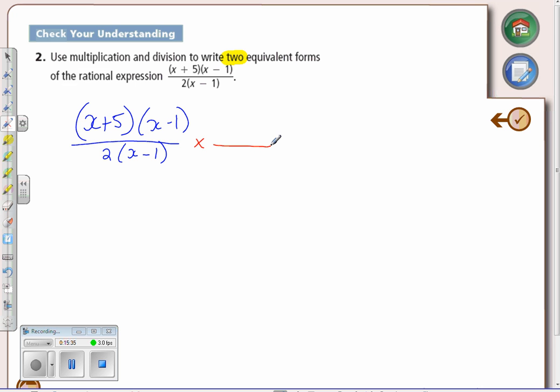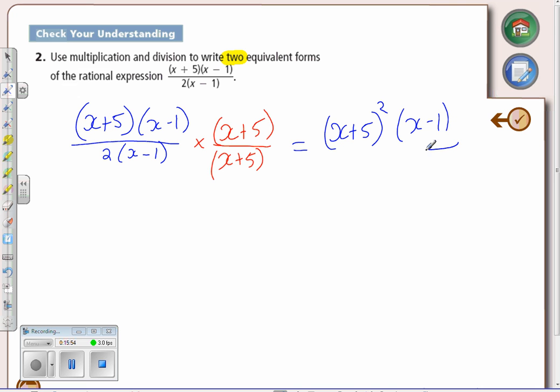I'm going to multiply both of them by x plus 5 over x plus 5. That would just give us (x plus 5) squared times (x minus 1) over 2 times (x minus 1).